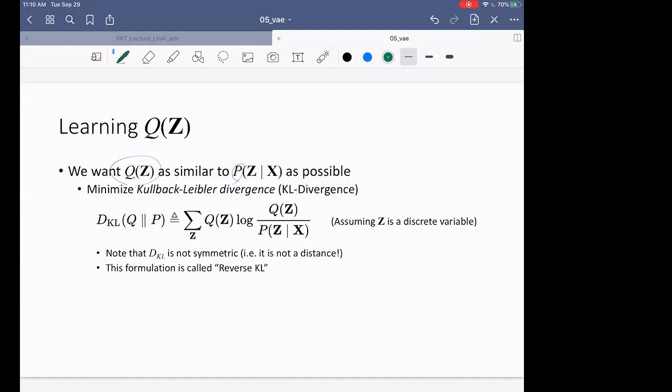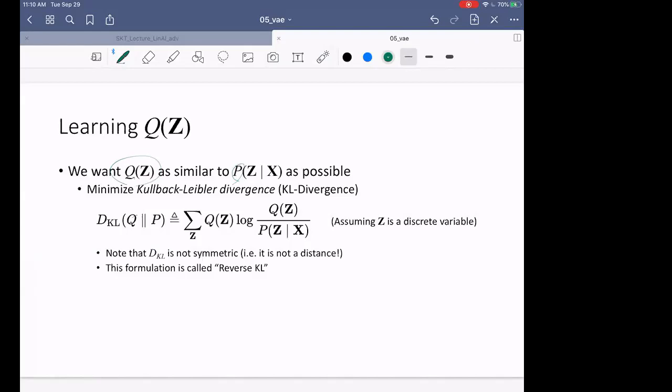The mathematical equation looks like this. So KL divergence between Q and P. Q is a distribution, P is a distribution, and we are calculating how different they are. So it's the divergence between Q and P, DKL. Of course, if they're the same, then the divergence would be 0.